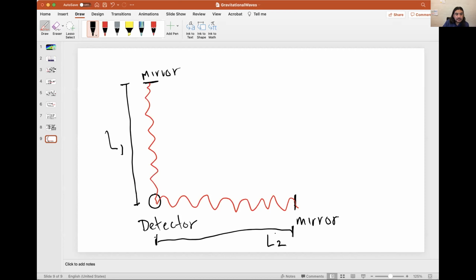and the reality is that this L value is around 4 kilometers.